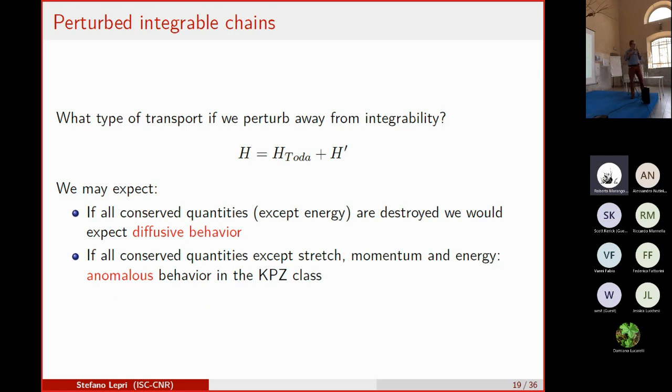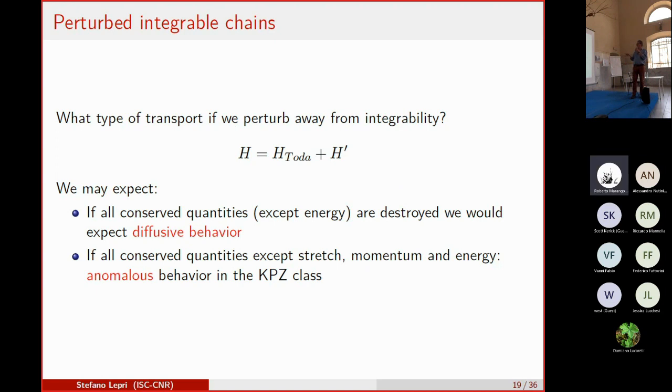So my question was, suppose I have an integrable system and I add a small perturbation. So I take, for example, the Hamiltonian of the Toda chain, and I add some H prime. What are the consequences of this on transport properties? In principle, I can have two situations at least.